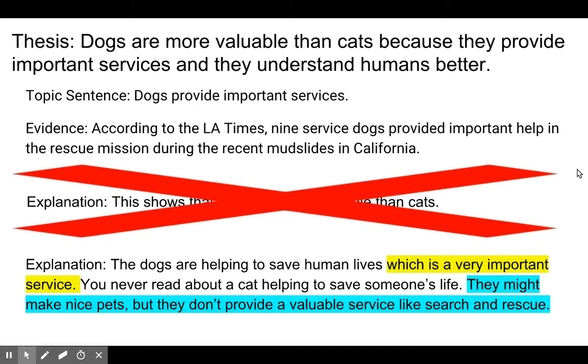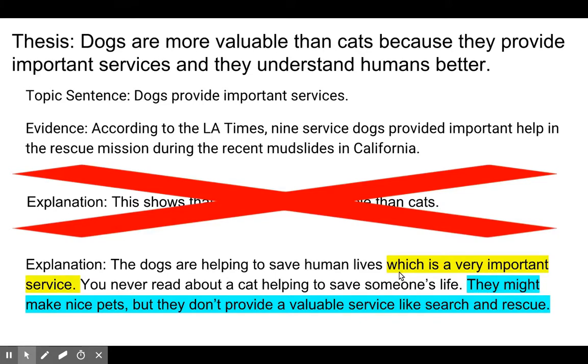Let's look at this other explanation. The dogs are helping to save human lives, which is a very important service. You never read about a cat helping to save someone's life. They might make nice pets, but they don't provide a valuable service like search and rescue. Let's look at the portion highlighted in yellow.